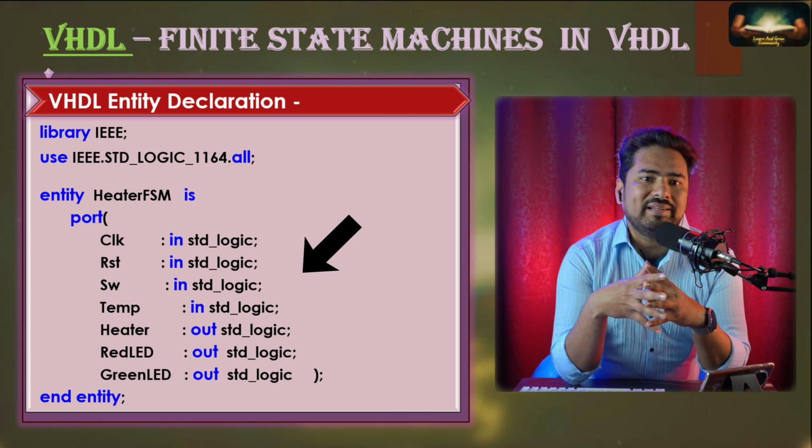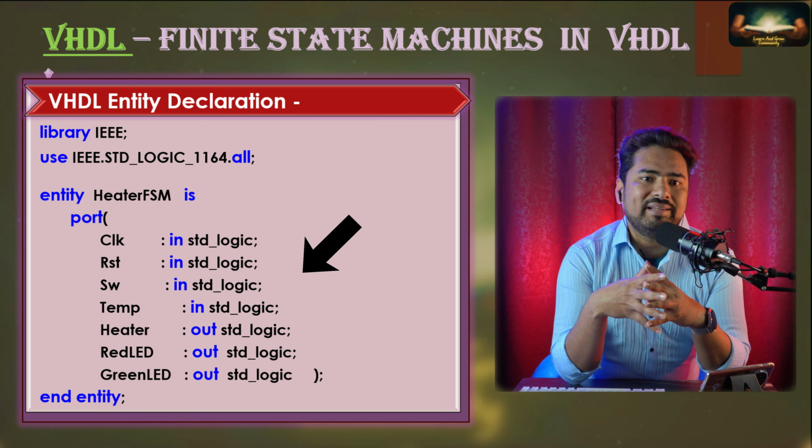Next is the architecture section. In this slide, we start our architecture and define one new data type, which has all of our states: idle state, heating state, and ready state. The name of this custom data type is FSM state type, and we have one signal of this data type.